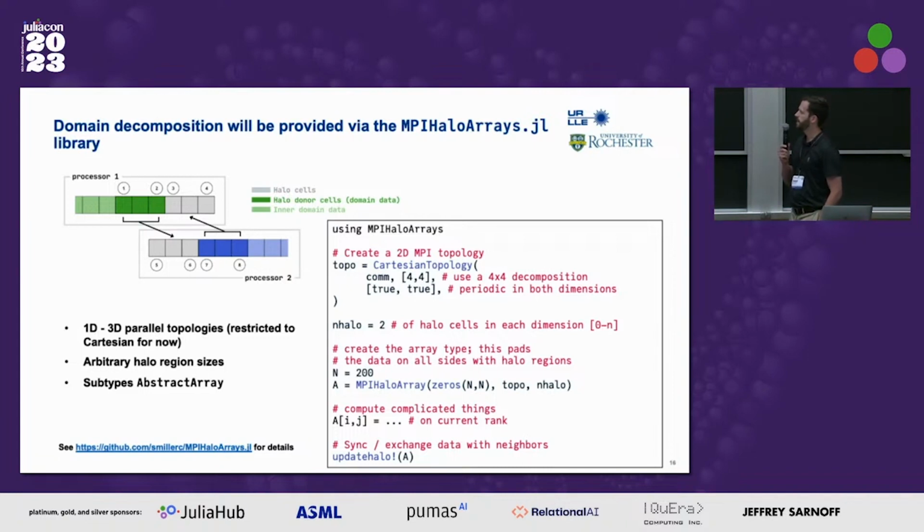And then down here we're just creating a simple halo array, 200 by 200, and you pass it the size of the topology and the halo. Then you do all sorts of complicated things. When you do accesses, it's like a normal array, and it will be computing this indexing on the current rank in an MPI setting, and then whenever you want to do the halo exchange, you just call update halo, and it will do this for you.